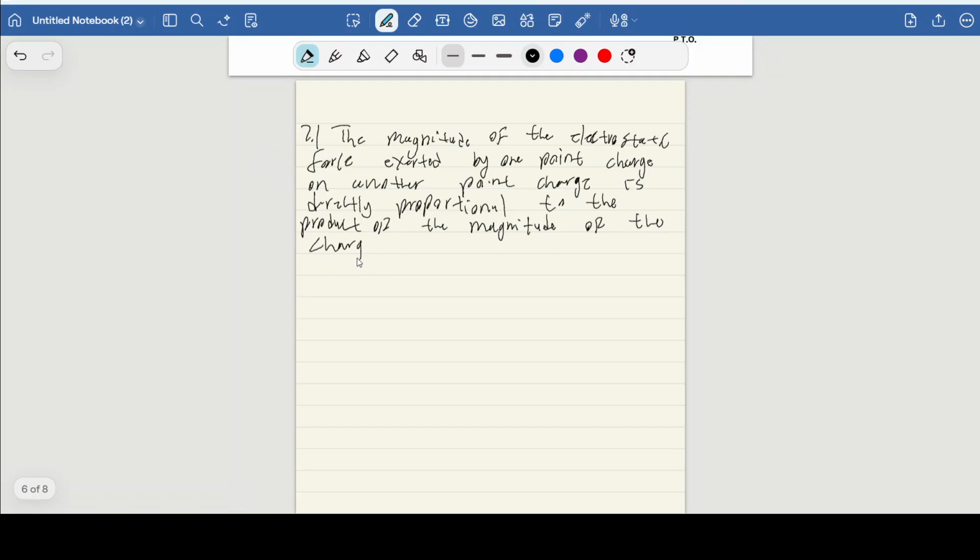and inversely proportional to the square of the distance between them.